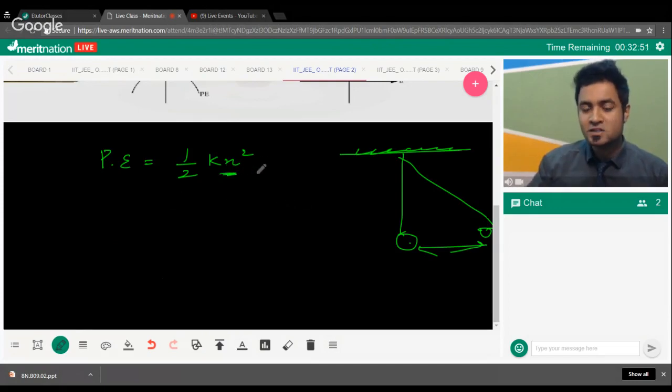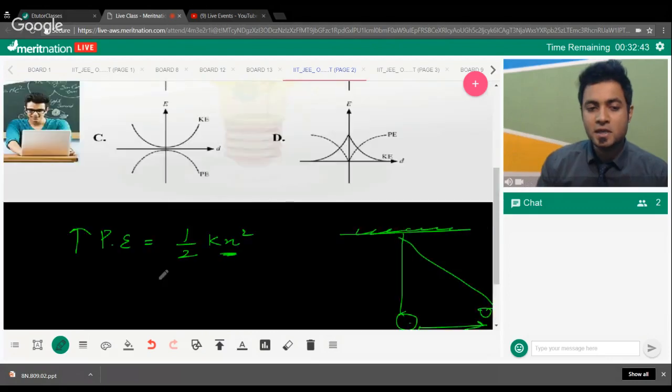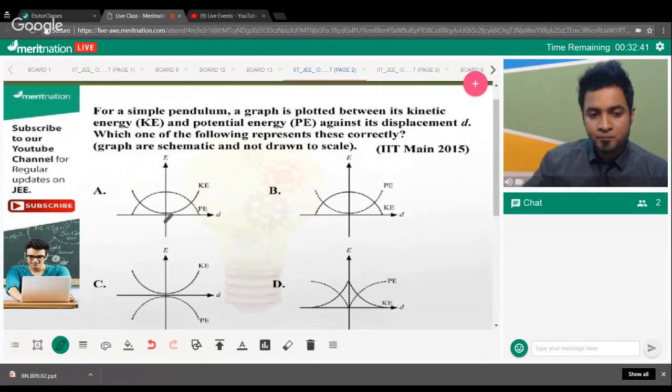So the more the displacement from the mean position, the more will be the potential energy. You can see the variation for the first graph. For the first graph, the more the distance, the potential energy is getting zero. So this cannot be, right?